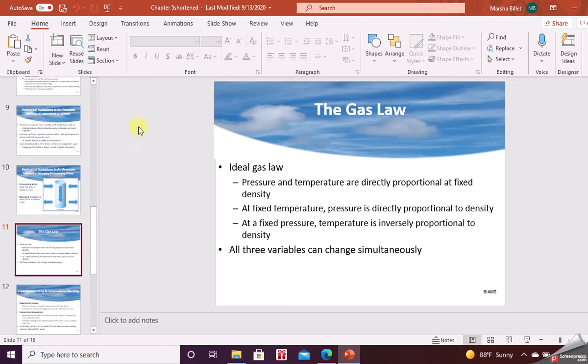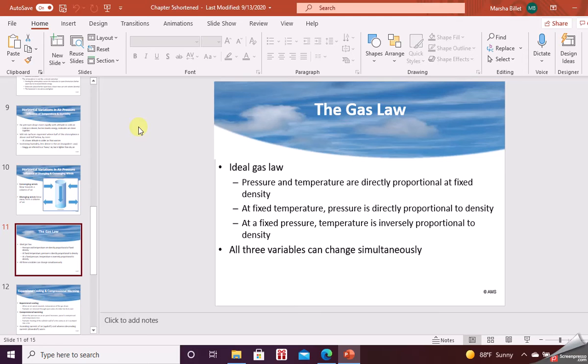The gas law, we're going to talk about that in this chapter. There's three variables: pressure, temperature, and density. Think of density as being the number of molecules in a certain area. So the more molecules in that area, the denser the air is. Well, we just learned that the molecules tend to push apart in air when they're hot. So the density is going to be lower when the air is hotter.